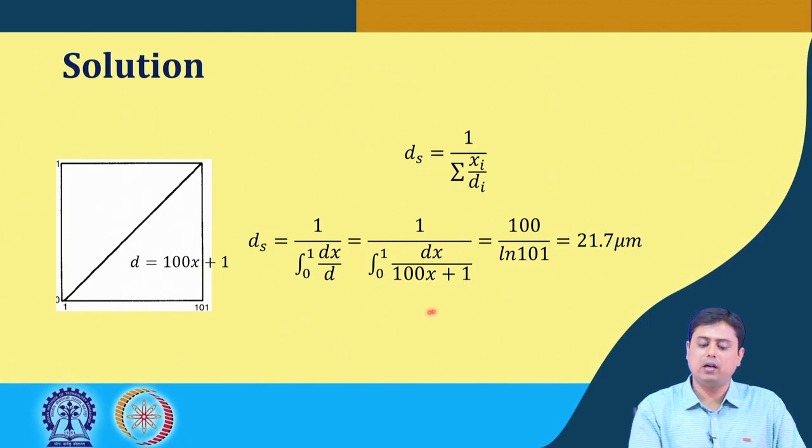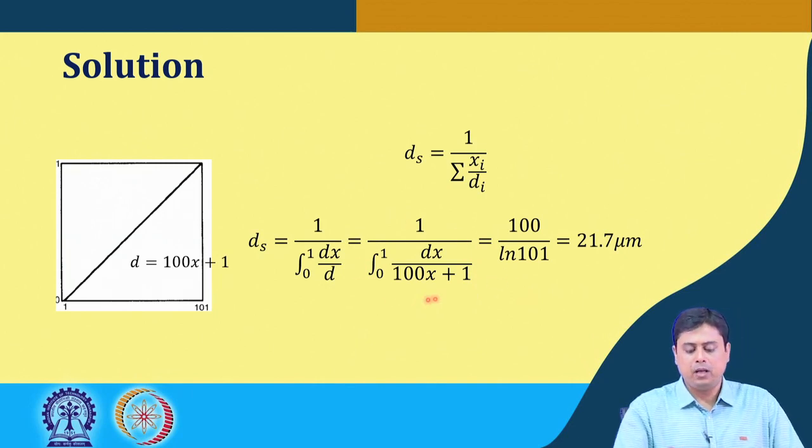This integration I will not go into the details, I leave it to you how to do this integration, you know well. So here we get a numerical value which is 100 by this ln of this function, which gives us this 21.7 micron particular value.